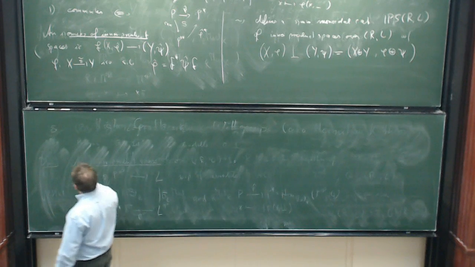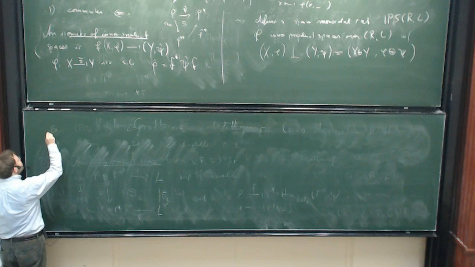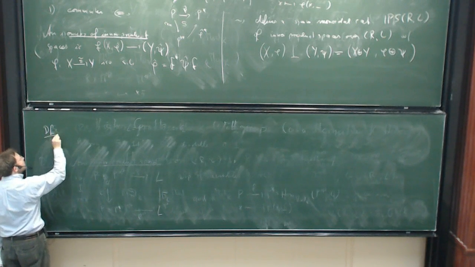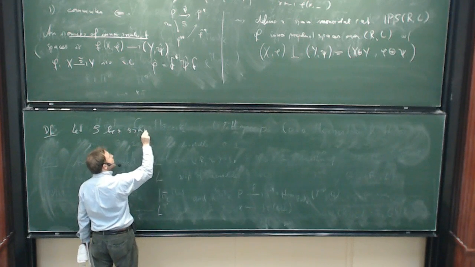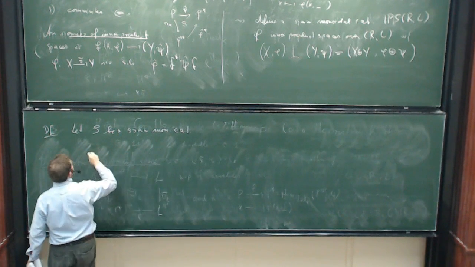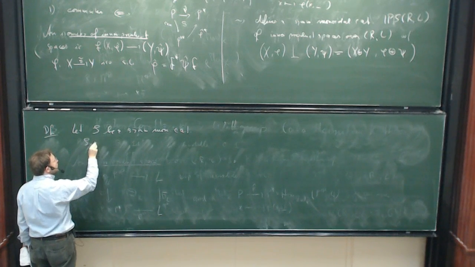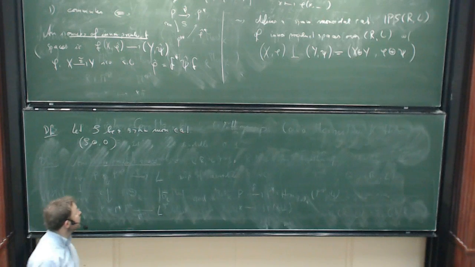Okay, so let's recall what the K-theory of a symmetric monoidal category is. Let S be a symmetric monoidal category. It comes equipped with some symmetric monoidal product, and let's say a unit, which I denote 0.